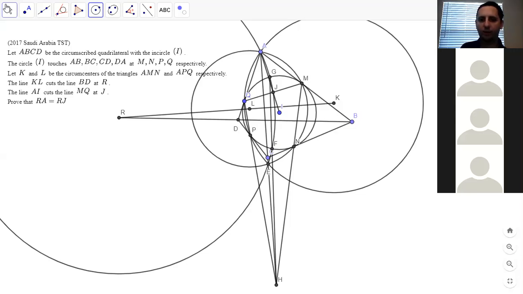I think that's a good idea. So yeah, we want to show that FG is the polar of R.